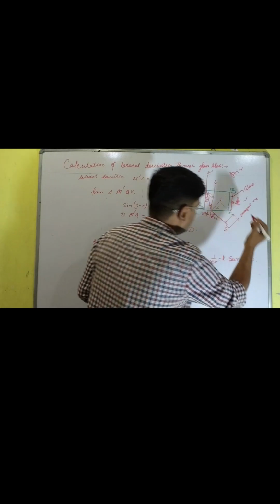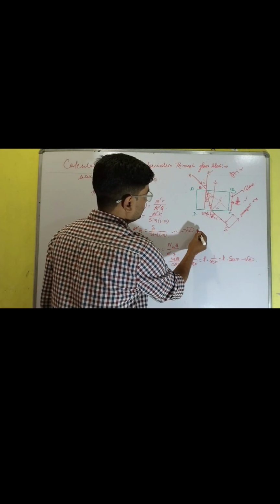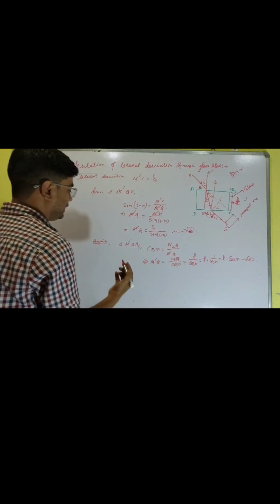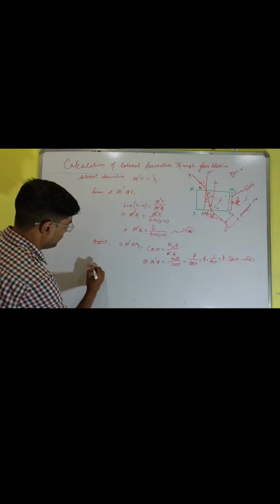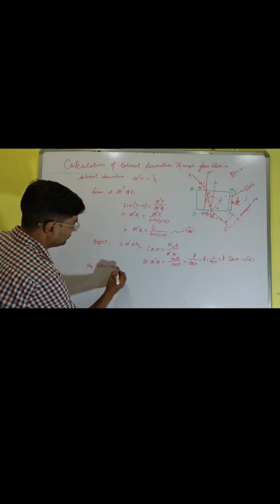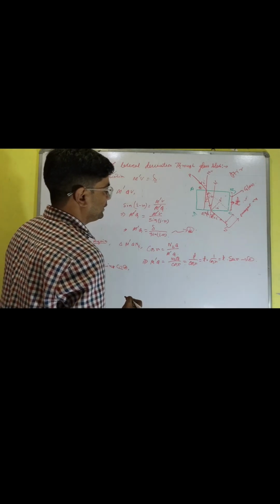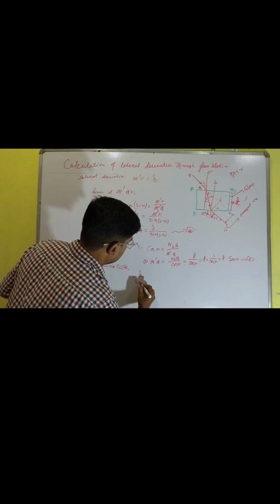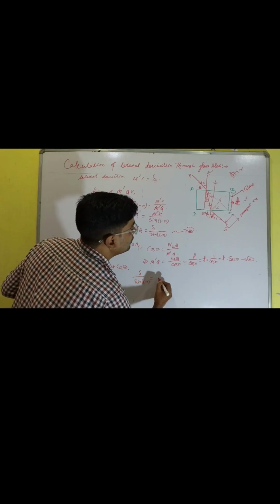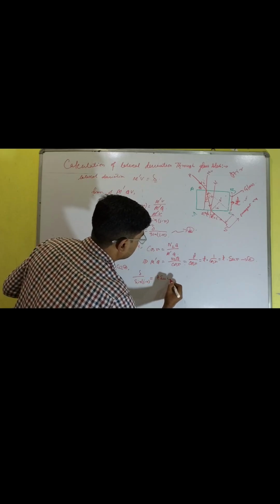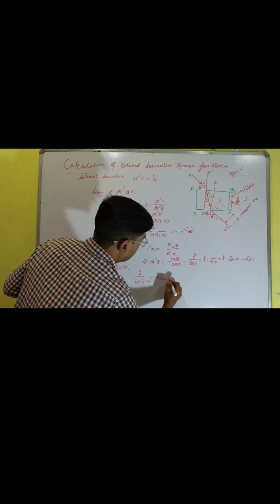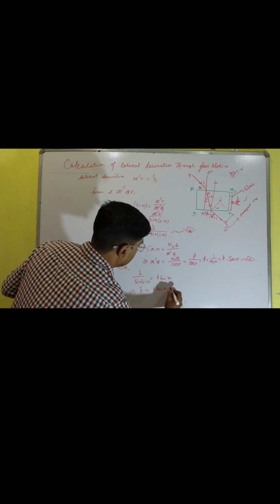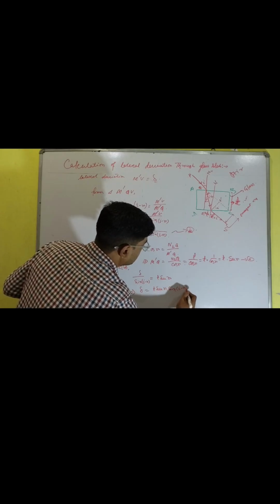Now I have equation 1 and equation 2. By solving 1 and 2, I will get delta by sine (i minus r) is equal to T into sec r, which implies delta is equal to T into sec r into sine (i minus r).